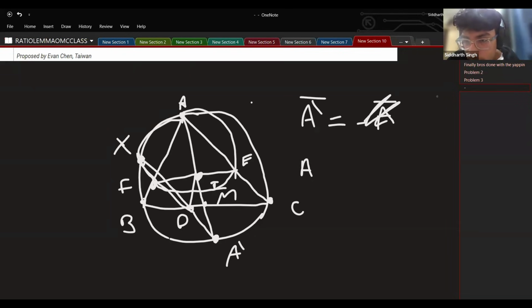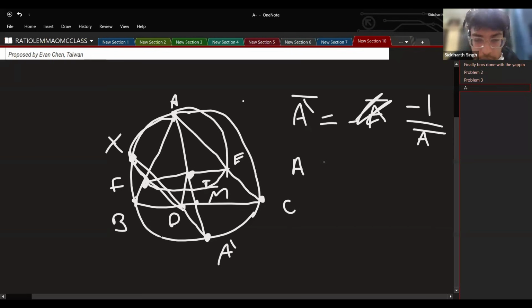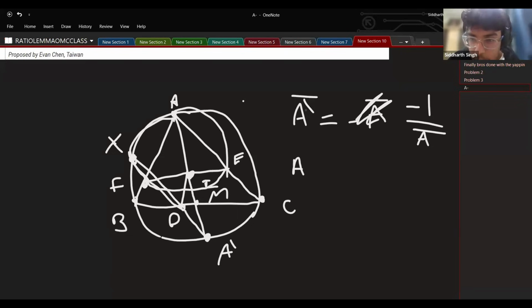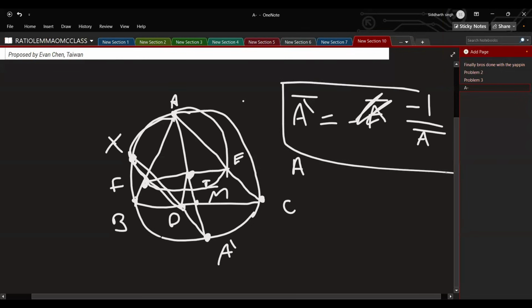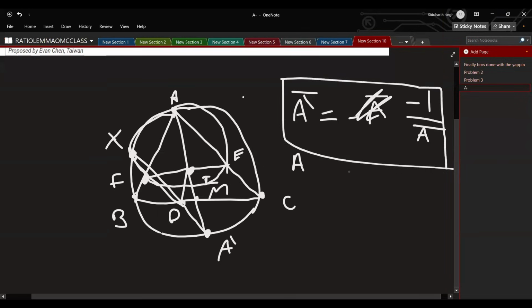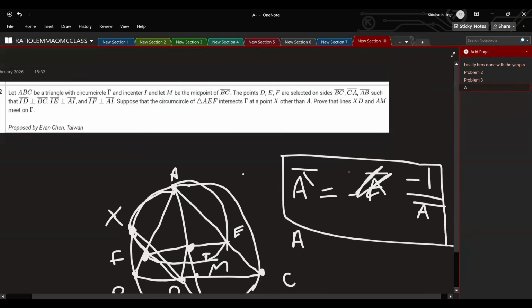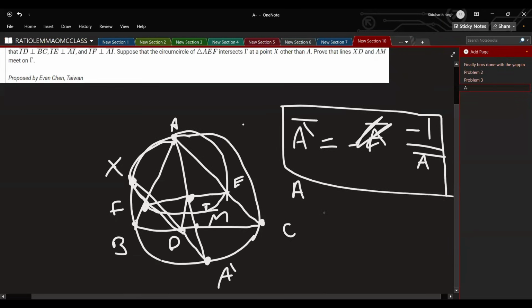This is minus 1 by A bar. This is just because these two points multiply to M, but M is just minus 1. So this is what we have. So we need to show that x bar times a dash bar is equal to d bar.